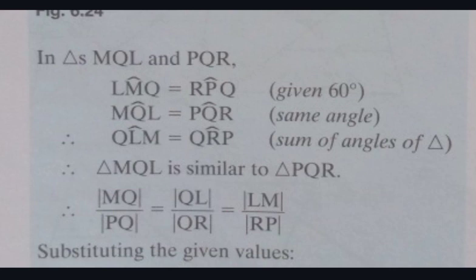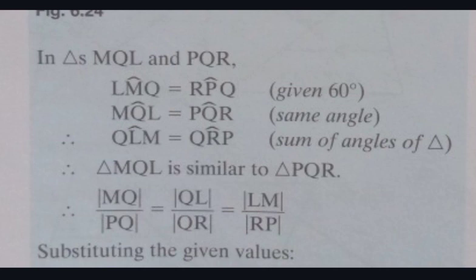Therefore, we can say that the smaller triangle MQL is similar to triangle PQR because they have the same angles. Although the length of the sides may be different, the angles are the same. Therefore, we can say that MQ over PQ is equal to QL over QR and is equal to LM over RP. All these are ratios from the larger triangle to the smaller triangle, and they are corresponding.